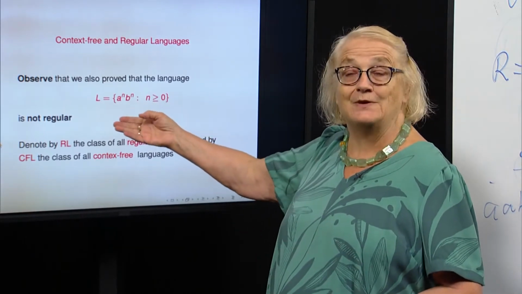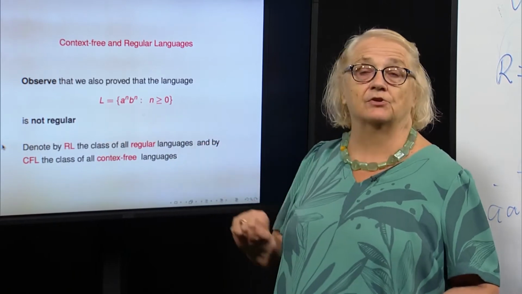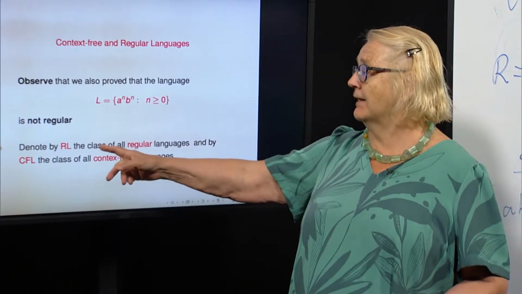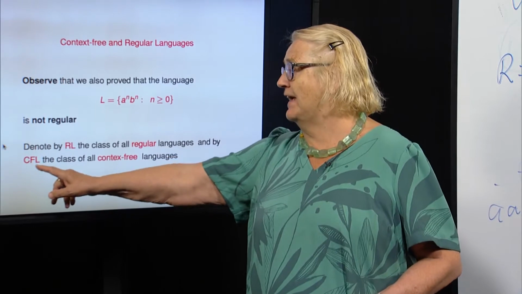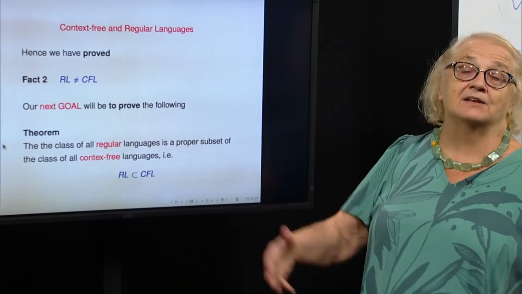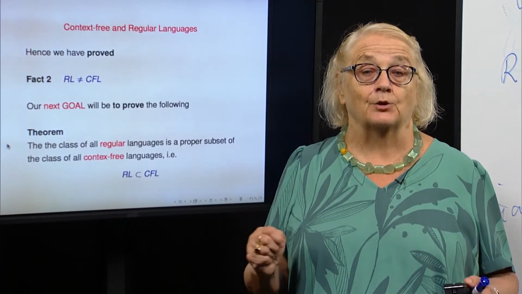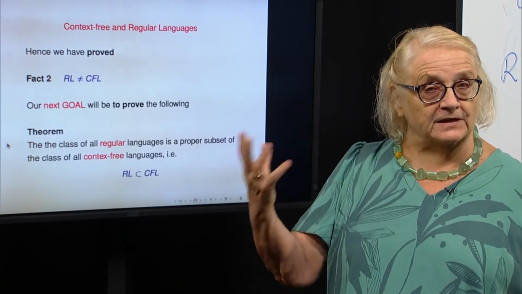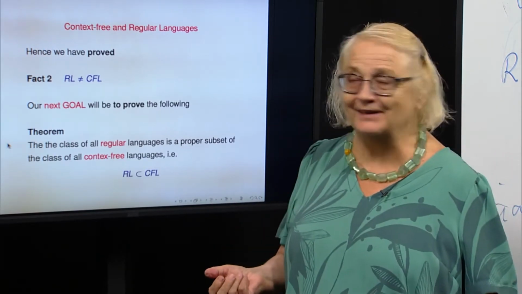So if RL is the class of regular languages and CFL is the class of context-free languages, we proved that we have a new class of languages. They are not the same. Now the question is, because we showed one element which is context-free but not regular, we will have plenty more examples of those elements.